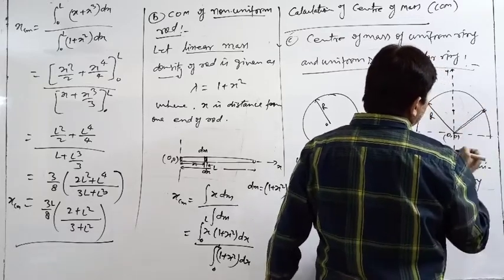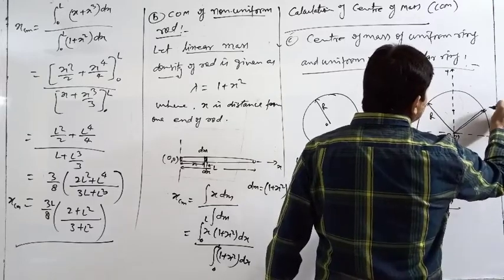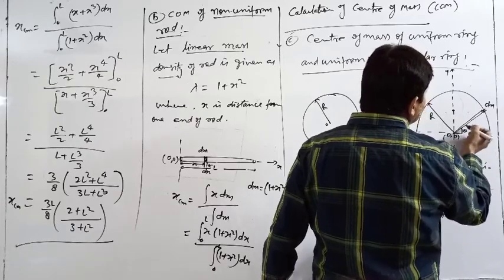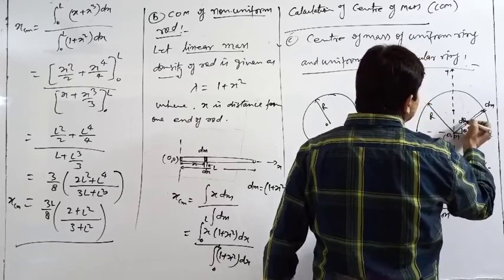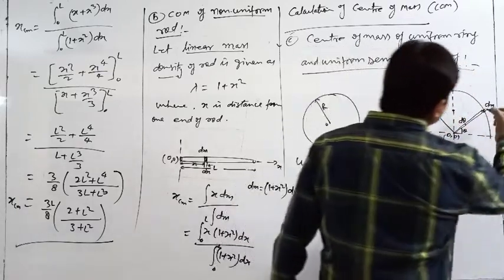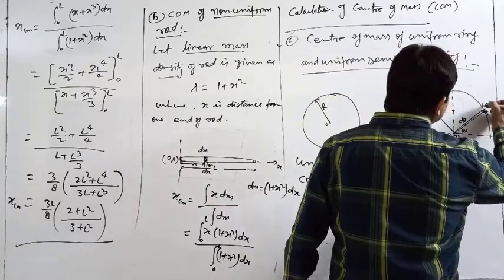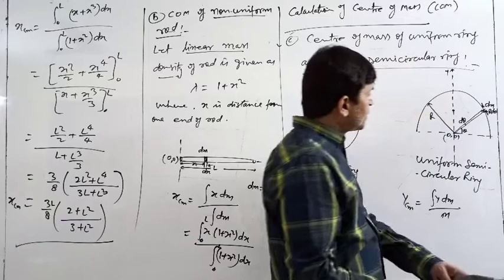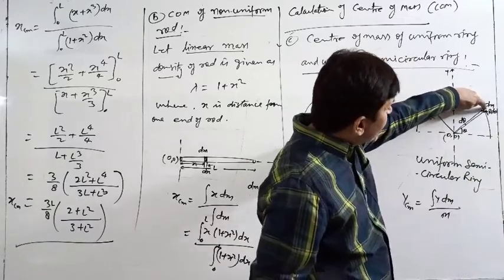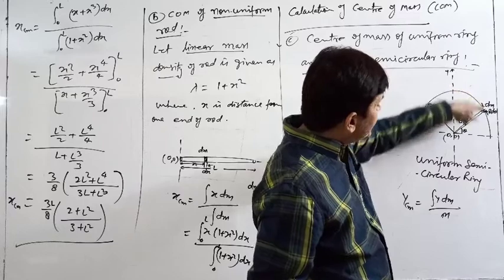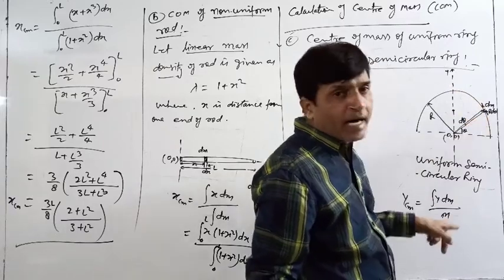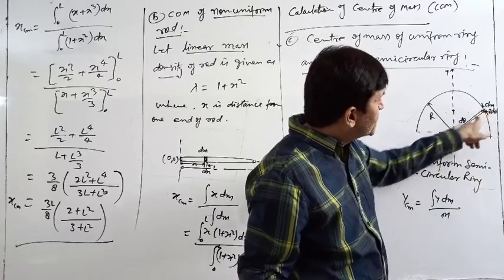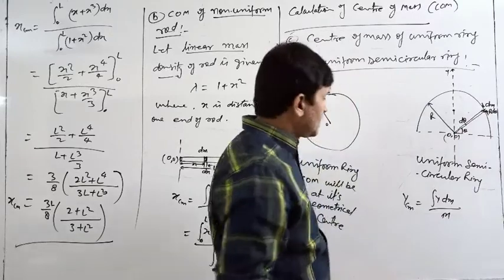This is your dm. Let this angle be theta, this will be your d theta. So what is the length of this element? R d theta, because length of the arc is equal to radius times theta. d theta is equal to length of the arc by radius. So length of the arc is equal to r into d theta.